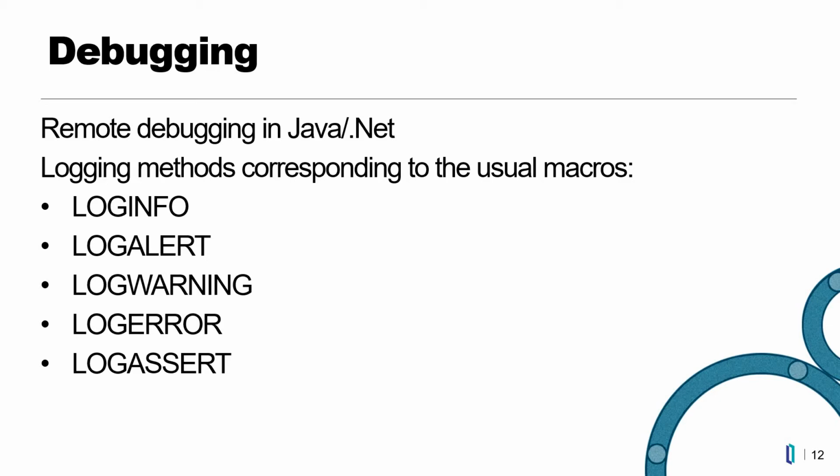Additionally, remote debugging is available with Java and .NET. So you have a running business operation, and same as you can debug a usual business host written in ObjectScript while it's running, the same can be done for Java and .NET business hosts.